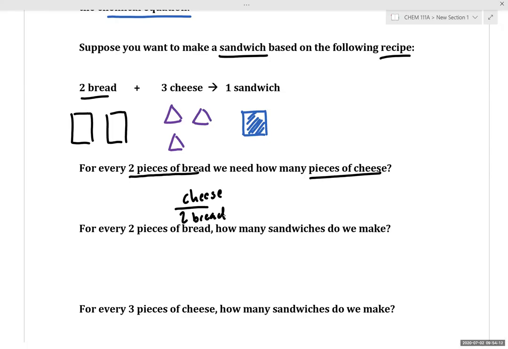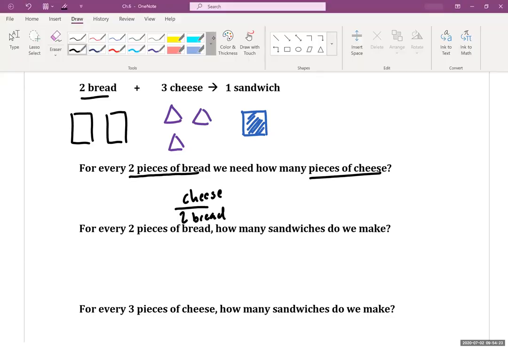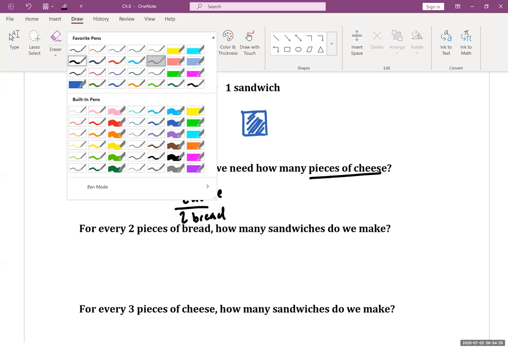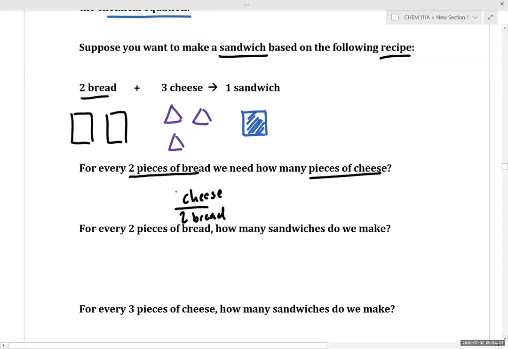And don't worry, this example will have a payoff with respect to chemistry. Don't be shy to unmute and propose your responses or to type your responses in the chat. 3, right? We see from our recipe, we need 3 pieces of cheese for every 2 pieces of bread.